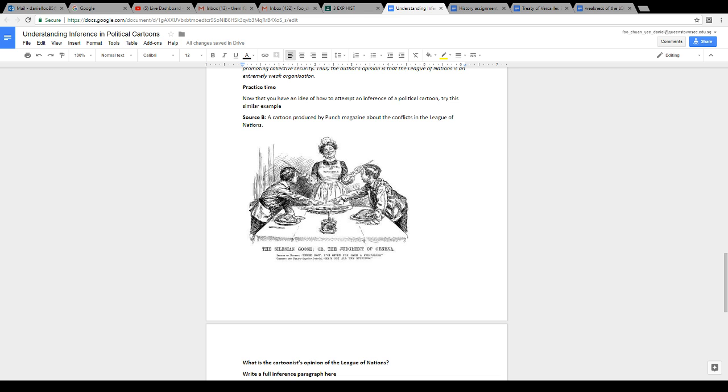So in this case, they are arguing over the territories, and they are looking to the league leaders, the council members, to see whether they can allocate their interests in the territories correctly.